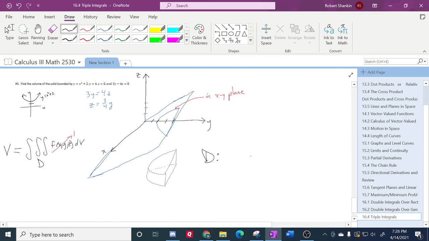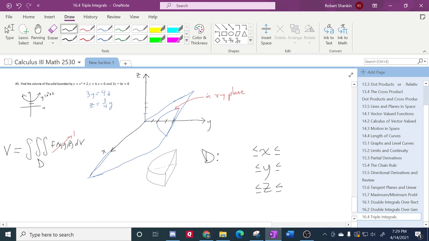Well, these are going to be boundaries on X, Y, and Z. And the outermost one has to be just constants.